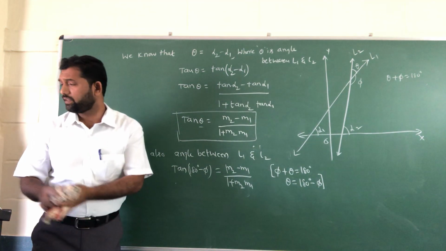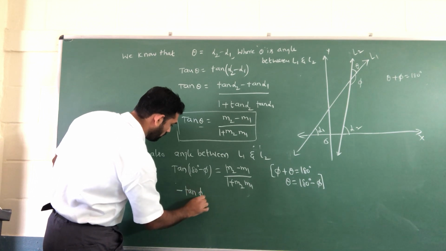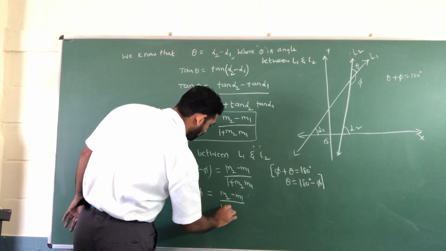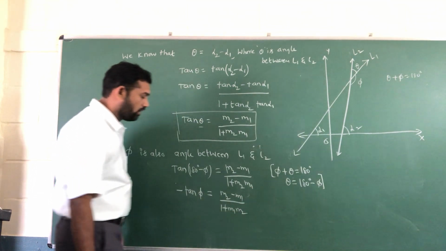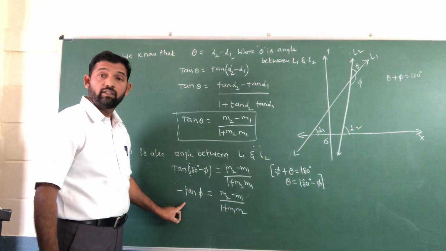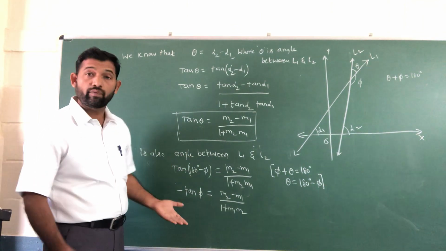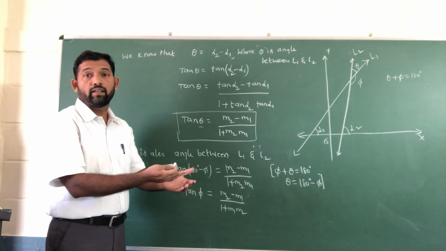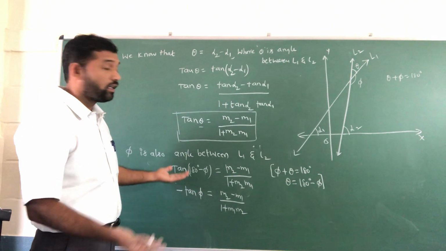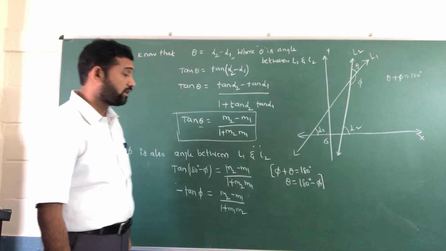Tan of 180 minus phi means minus tan phi. Multiplying on both sides by minus, one is positive and the other is negative. So final conclusion: both theta and phi are the angle between L1 and L2, theta and phi both are the same.